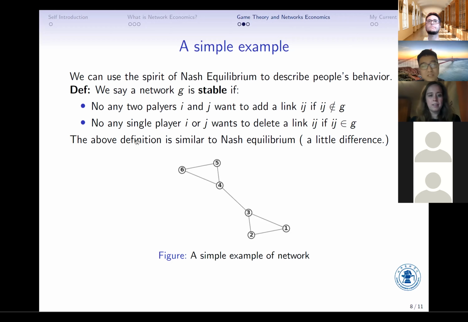We can see that the definition of stability is similar to Nash equilibrium. It's just a little different. So in network economics, we can apply a lot of ideas of game theory to networks.